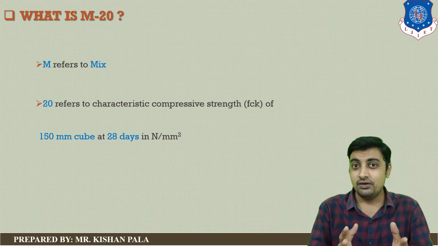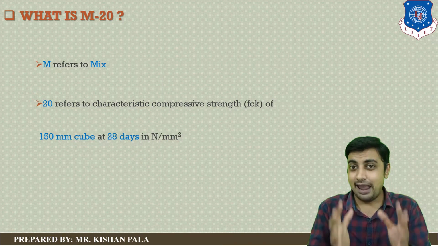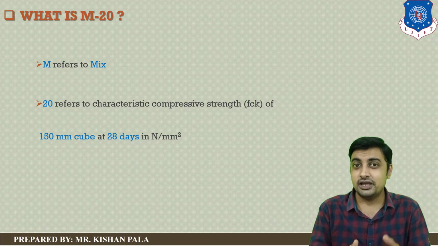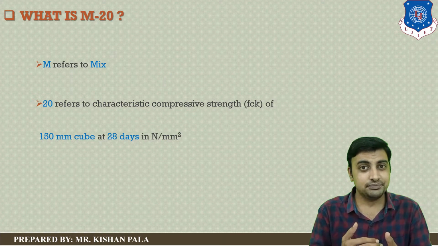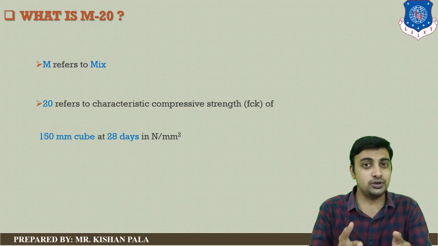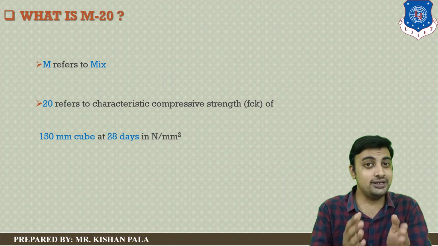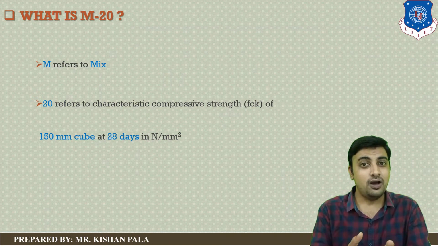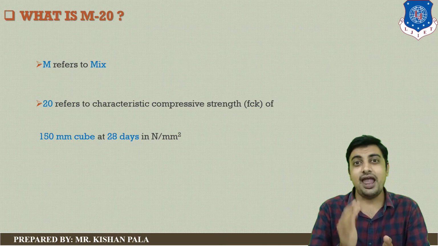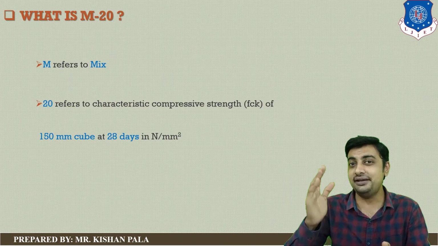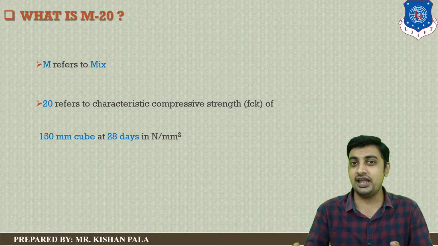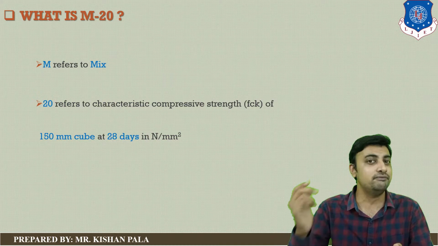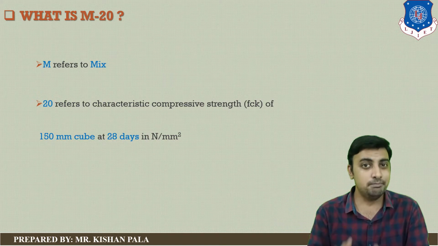So if you are making M20 grade of concrete, you have to ensure that your concrete gives 20 Newton per mm square of compressive strength at the end of 28 days with a 150 mm by 150 mm by 150 mm cube.